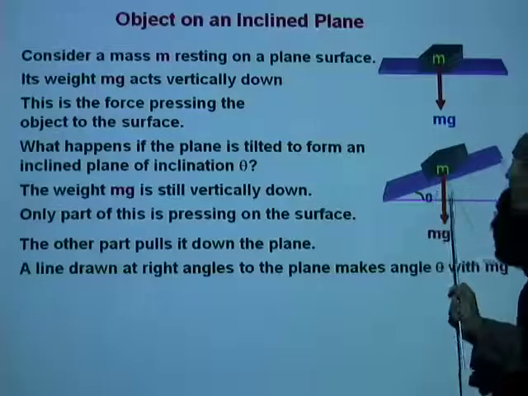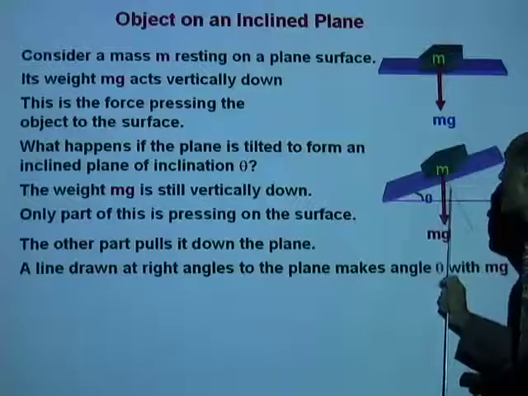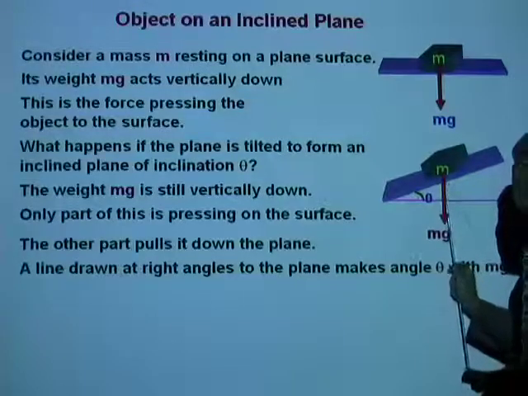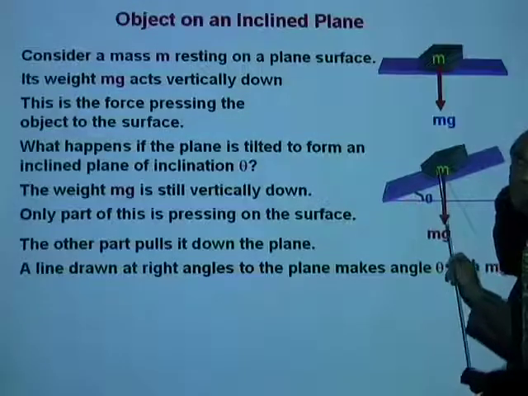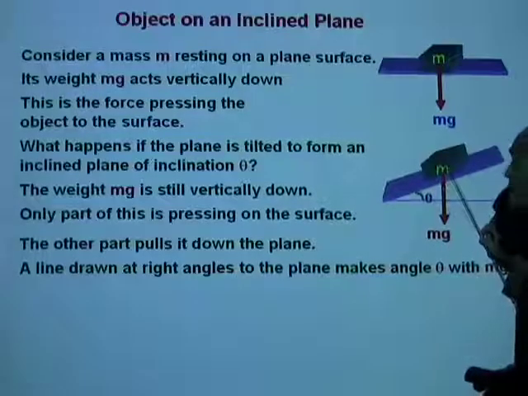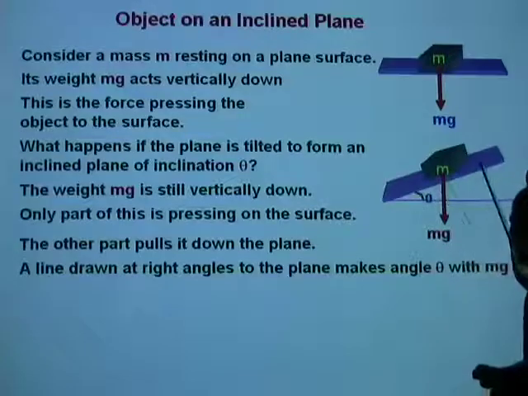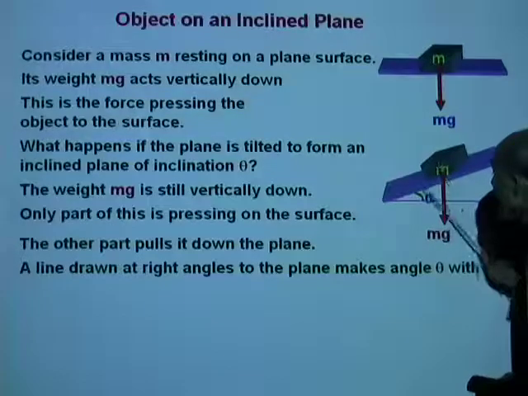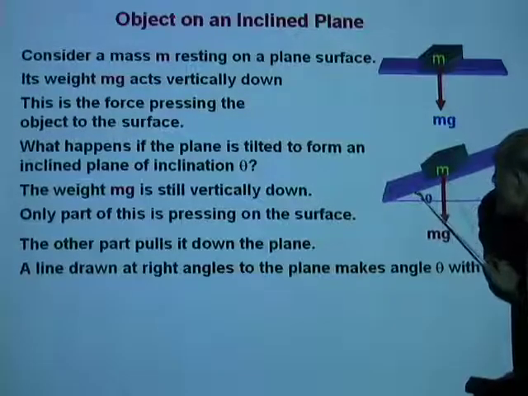Can you tell me what this angle is equal to? That is the angle between the vertical, the direction of the weight, and a line drawn at right angles to this plane. That angle will be the same as this angle.